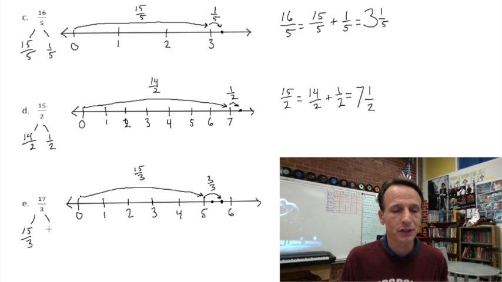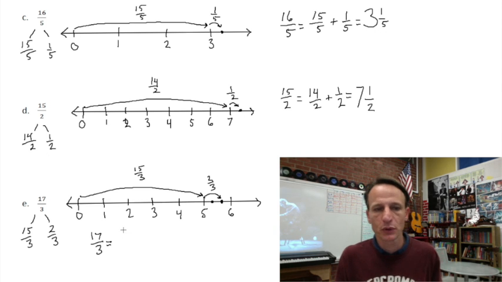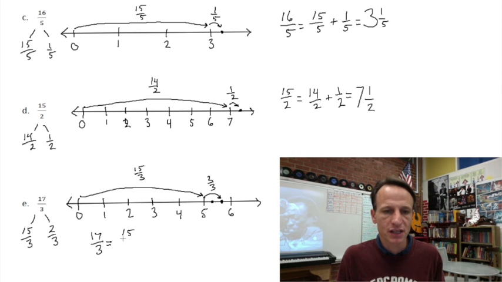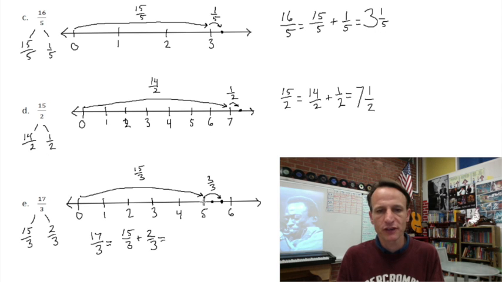That's why we're doing all this. And then the 2/3 that we have left over there from the juicy bits. So we'll write 17/3, and what is that equal to? Well, we decomposed it as 15/3 and 2/3. And now think 15/3, well, we can use the number line. It's 5, right? Or you can look at it again and say, oh, 15 divided by 3 is 5.